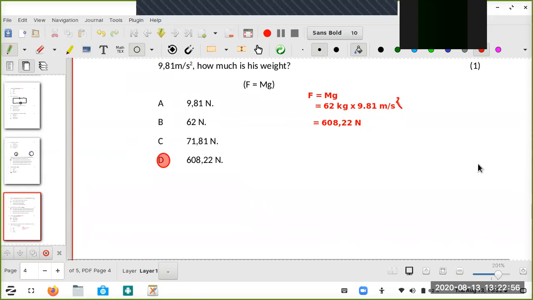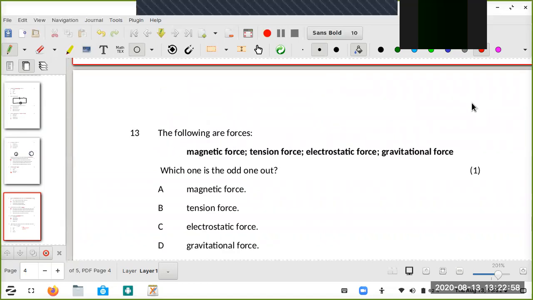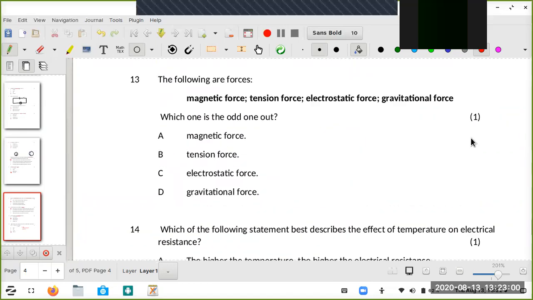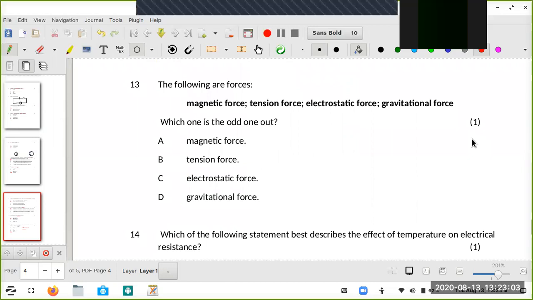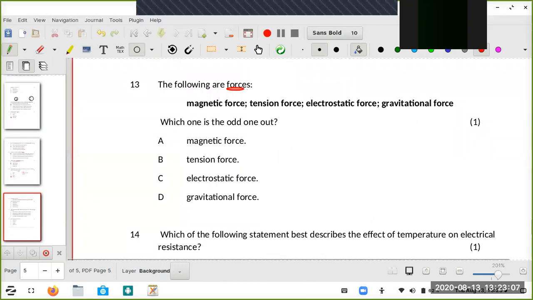Number 13. Right, number 13, it says, the following are forces. So we are looking at forces here, right? Then the forces are magnetic force, tension. Magnetic is from magnet. Tension, when one end or both ends are pulled away from each other, that's tension.